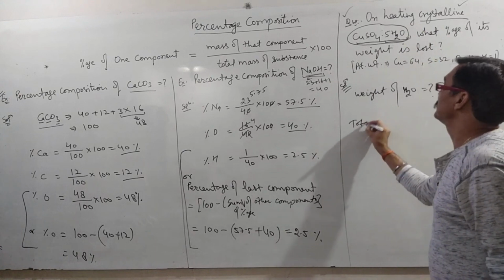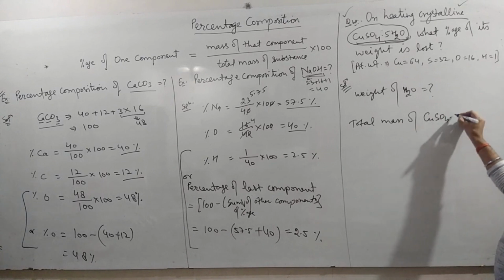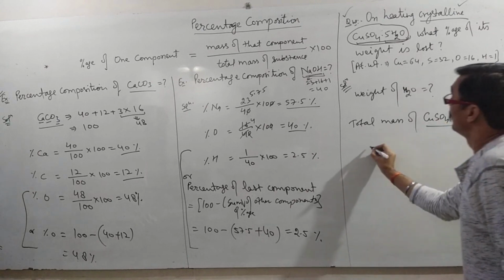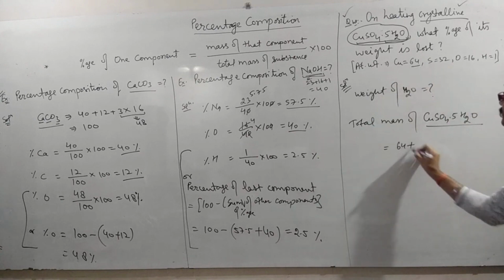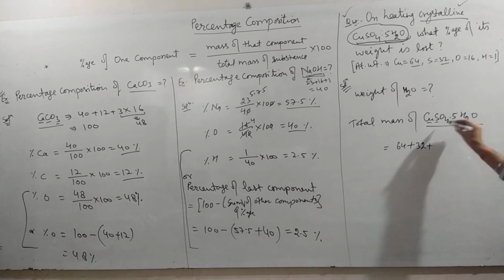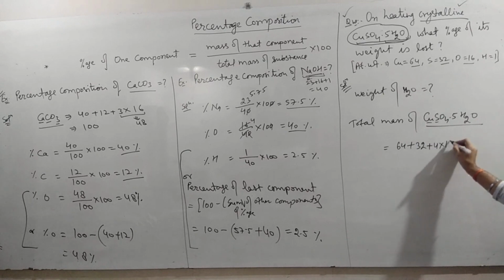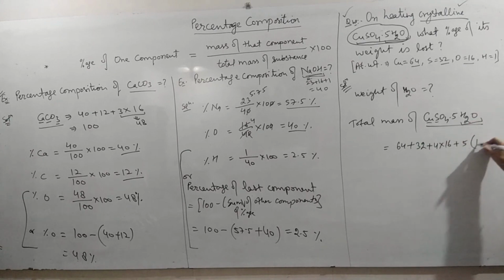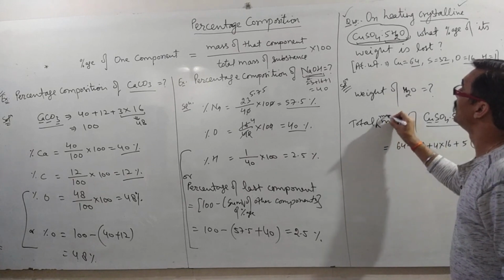The total mass of crystalline copper sulfate, that is the formula mass, is for copper 64 plus for sulfur 32 plus for oxygen 4 atoms, so 4 into 16, plus 5 into the weight of water, 18 molar mass.